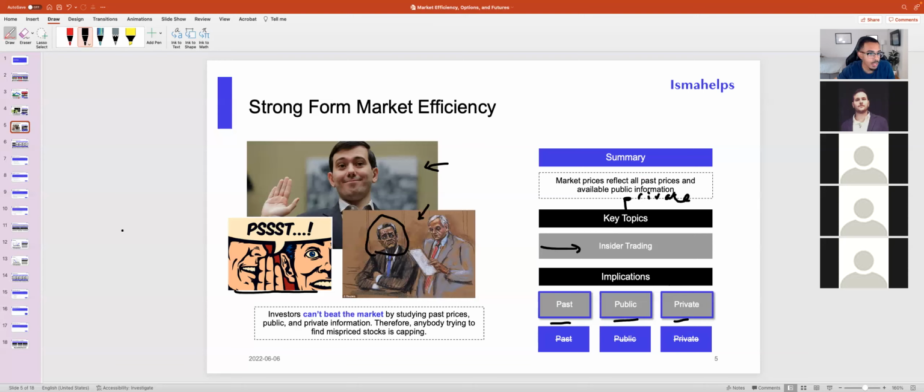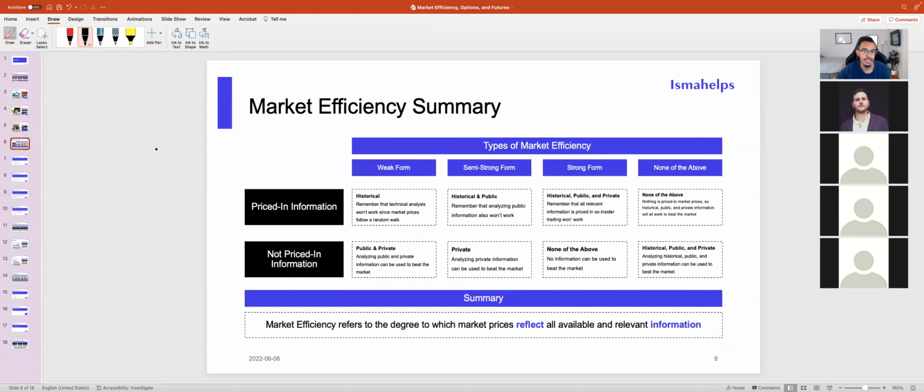All right. So what I did, I created this little summary, and obviously you can zoom in, but essentially what this tries to do is say, hey, we have all these different types of market efficiency. We have our weak form, our semi-strong form, our strong form, and none of the above. You could be none of the above technically.